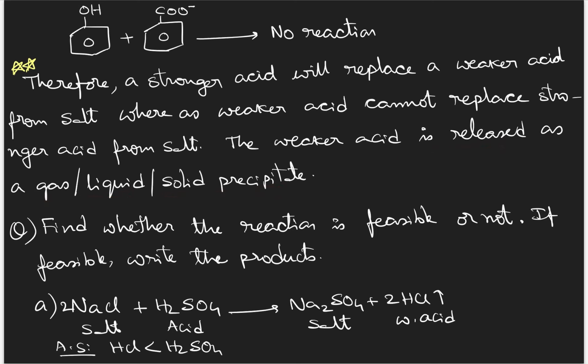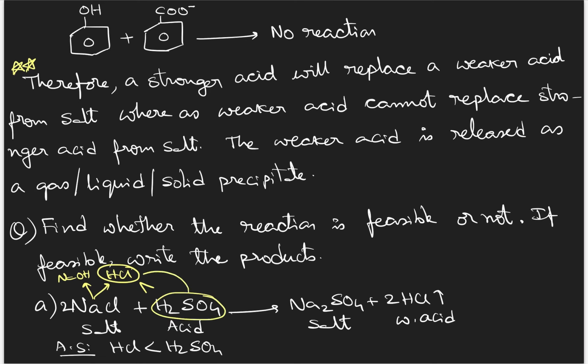Based on that, I have given some examples here: whether the reaction is feasible or not, and if feasible, write the product. In this NaCl salt, the acid and base are NaOH and HCl. And HCl is a weaker acid than H2SO4.